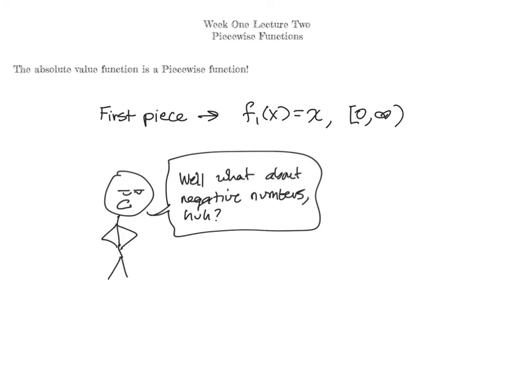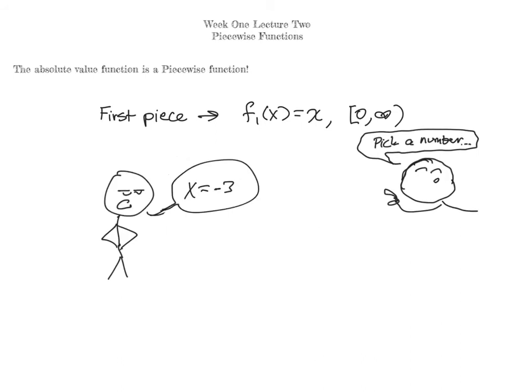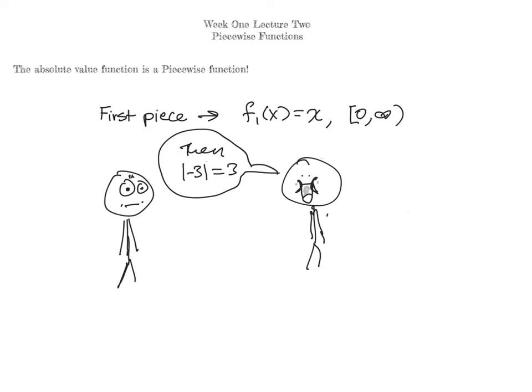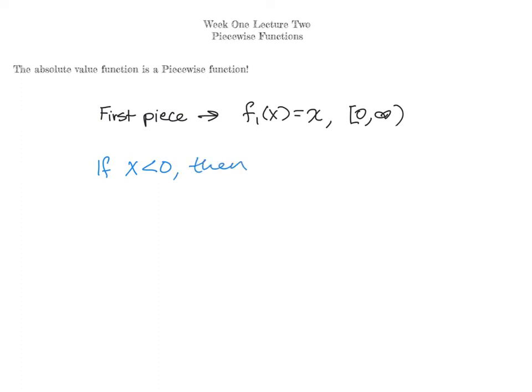So what happens when we pick a negative number? Again, let's start with an example. Suppose we choose x equals, say, negative 3. Then the absolute value of negative 3 is 3. In this case, we notice that the input and the corresponding output are opposites of one another. So we could say for x less than 0, the absolute value of x equals the opposite of x.